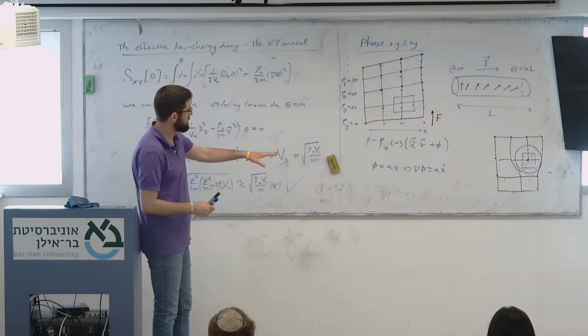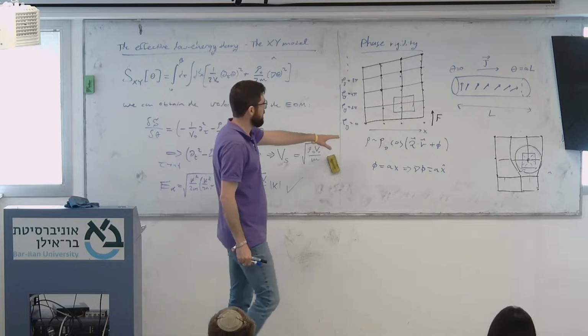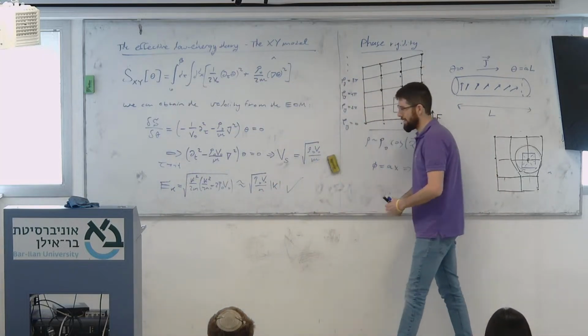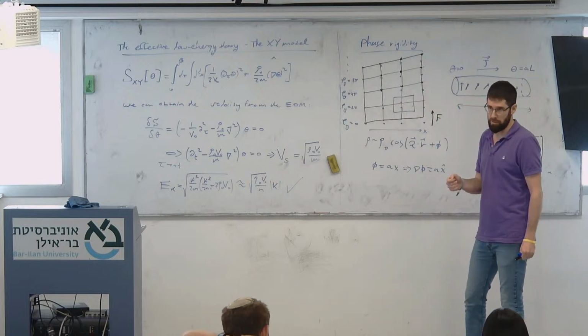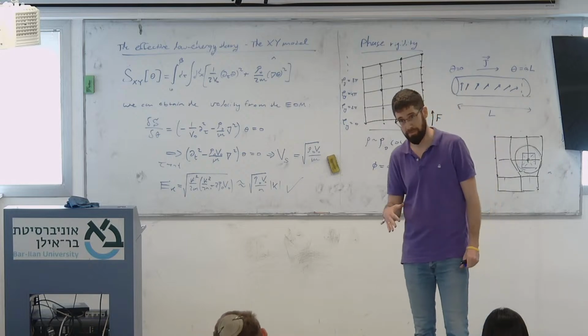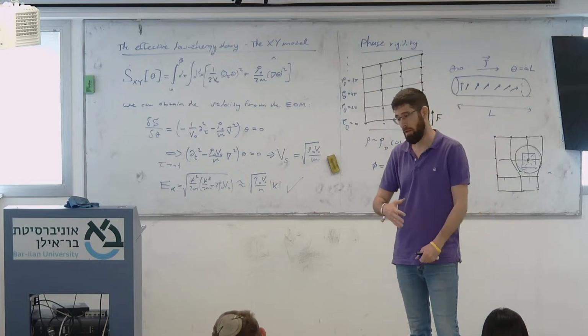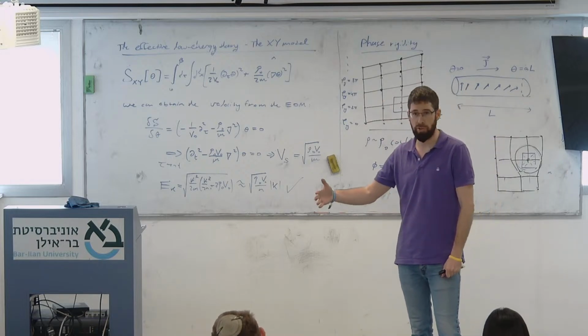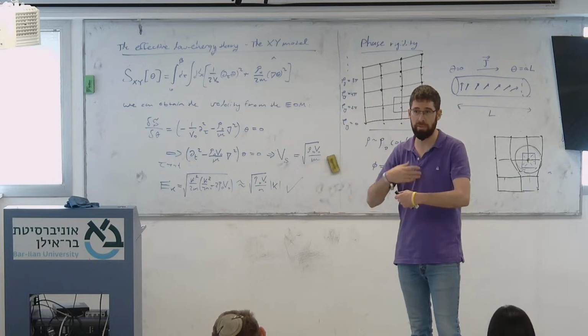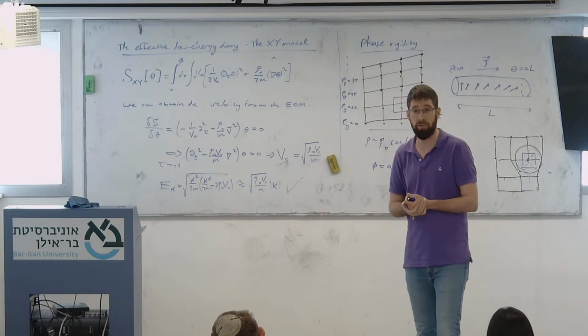So next class, we'll see that actually this velocity that we see here is a maximal velocity that this superfluid can carry. Below this velocity, it flows without friction. Okay? But above this velocity, something critical happens and you start generating these Bogoliubov excitations.